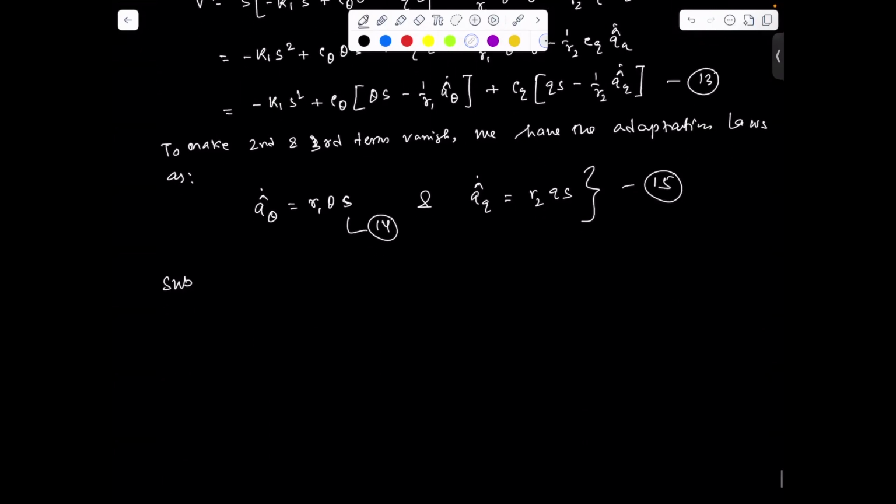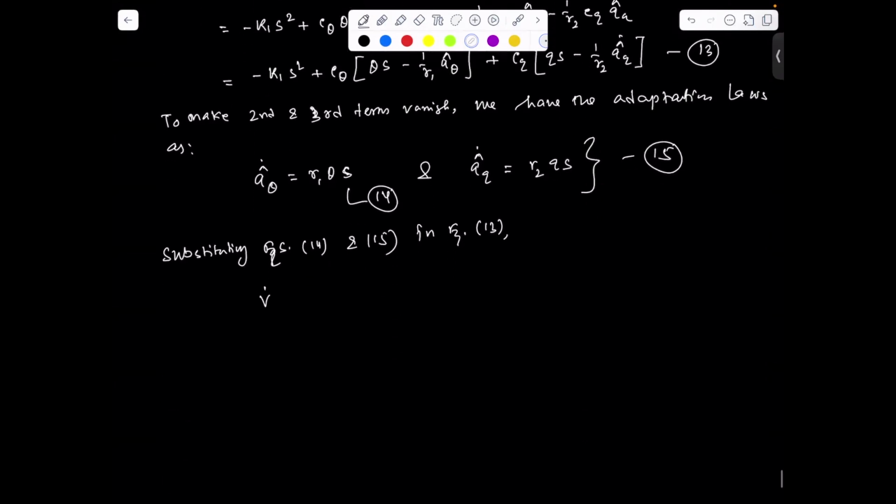Okay. Substituting equations 14 and 15 in equation 13, we have V dot is less than or equal to minus K1 S square. Now it is clear. So we have done the stability proof.